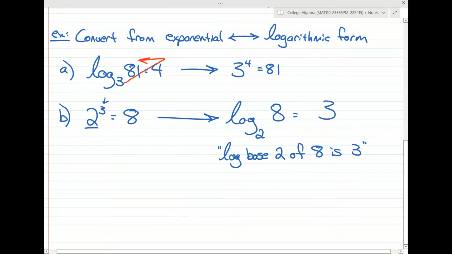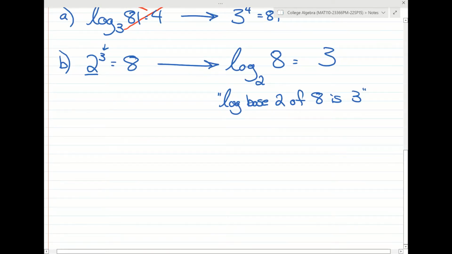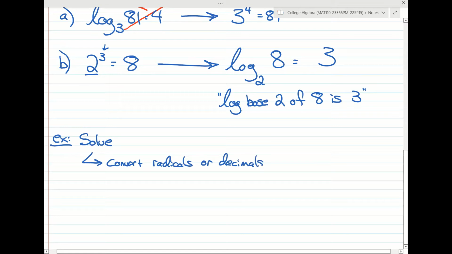All right, so I have 4 problems coming up, and we're going to be solving them using our properties of exponents and using the translation property of logs. So the directions are just going to be to solve. We're going to convert radicals or decimals, rational exponents.